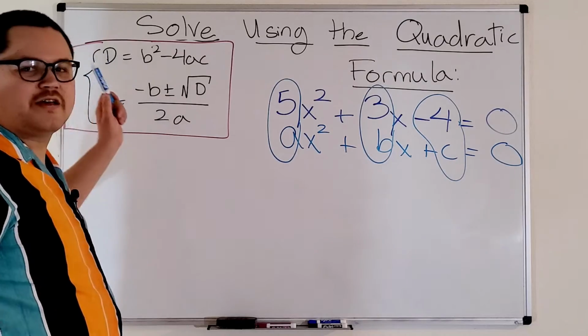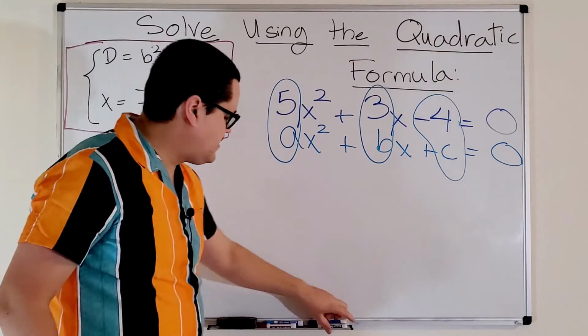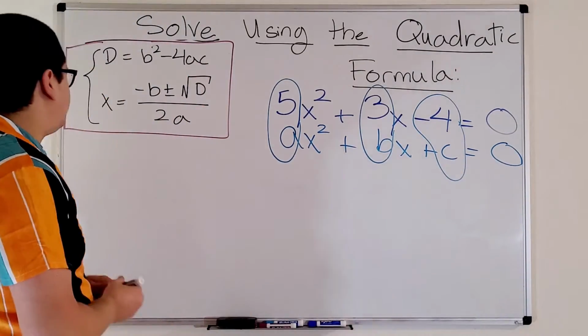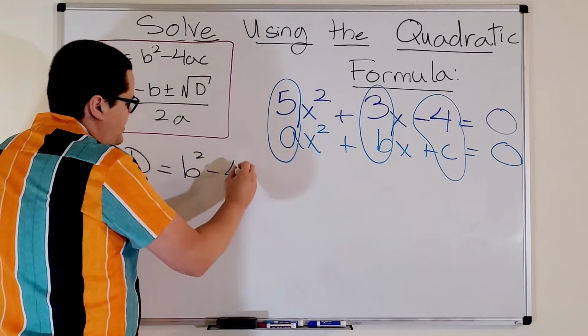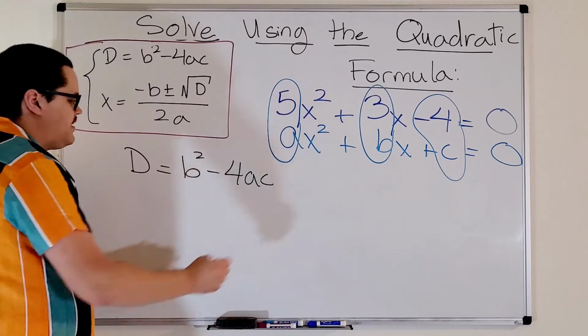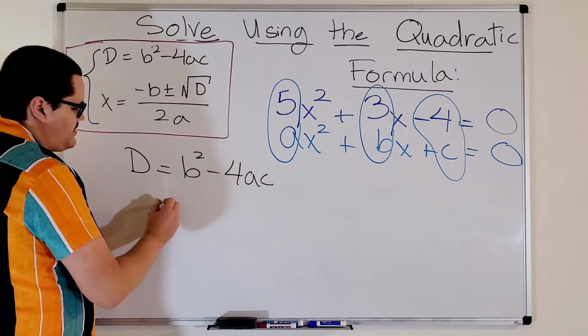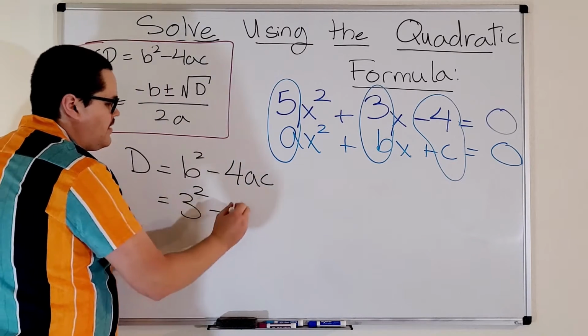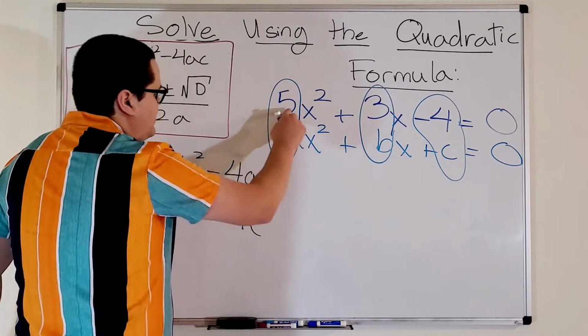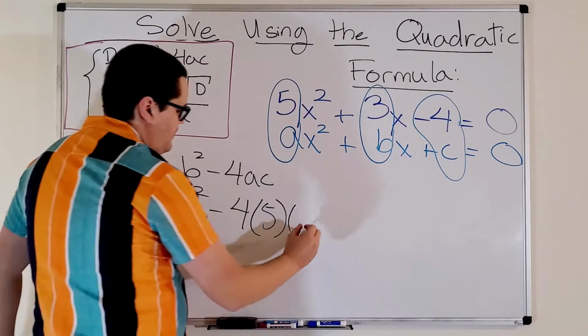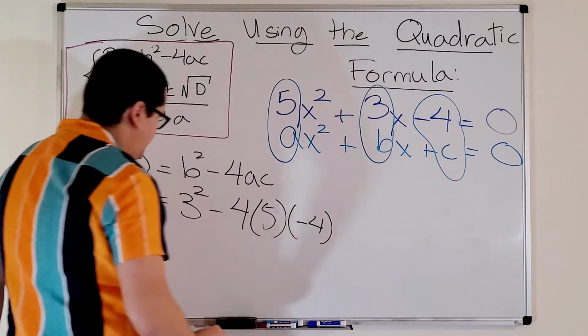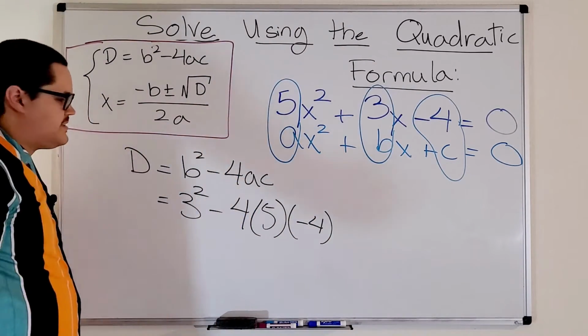Next step, compute the discriminant. So capital D, the discriminant, is b squared minus 4ac. So b is 3, so that's 3 squared minus 4 times 5, that's a, times negative 4, which is c. So 3 squared is 9.